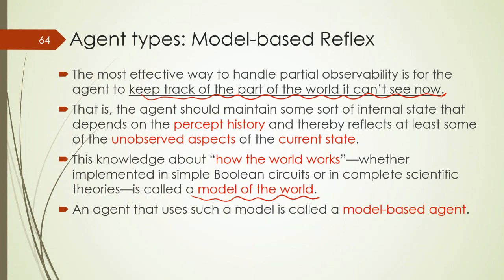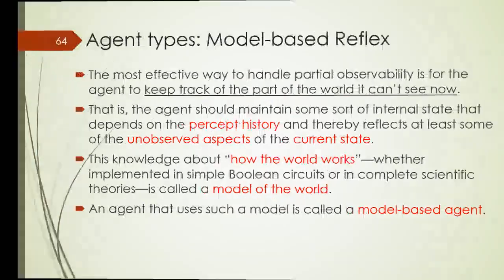Instead of memorizing all square root values for different inputs, all logarithm values for different inputs, we learn how to do the calculation. Here we go. We have that in agent-based as well. An agent that uses such a model is called a model-based agent.